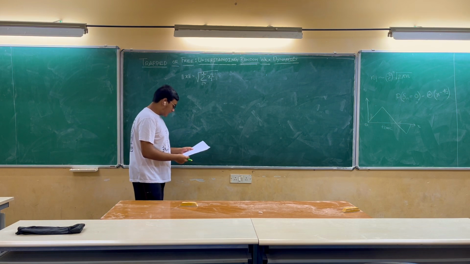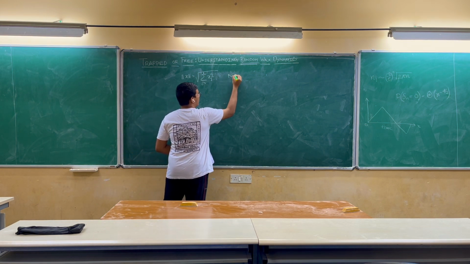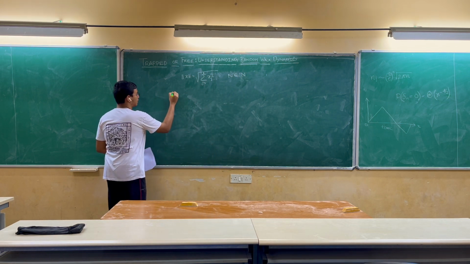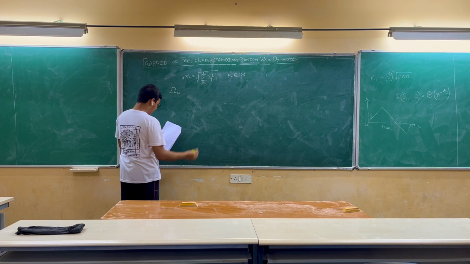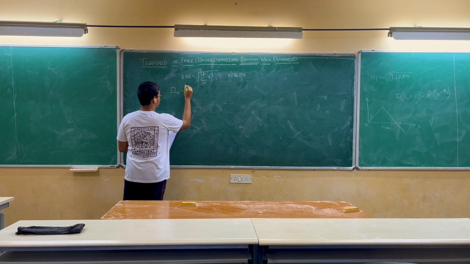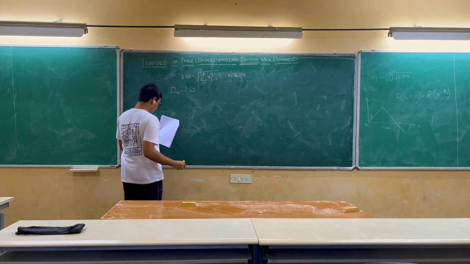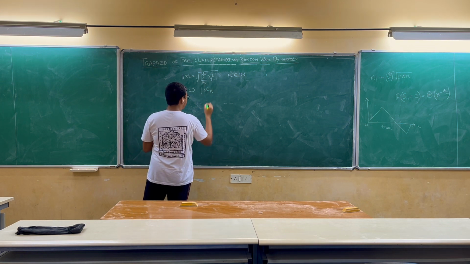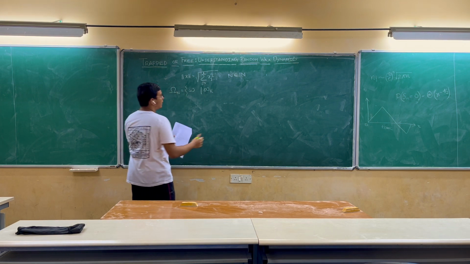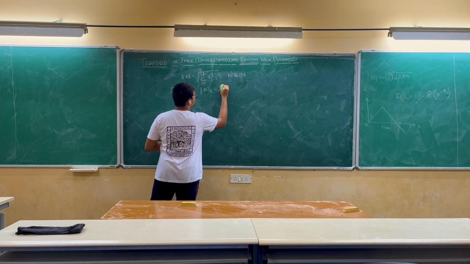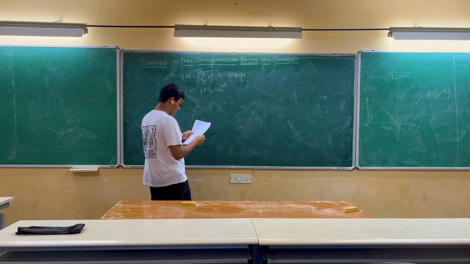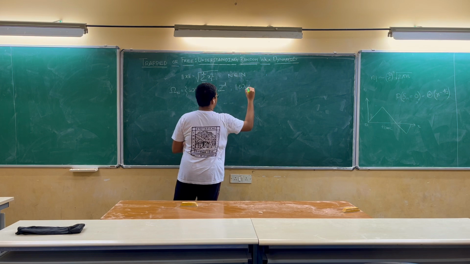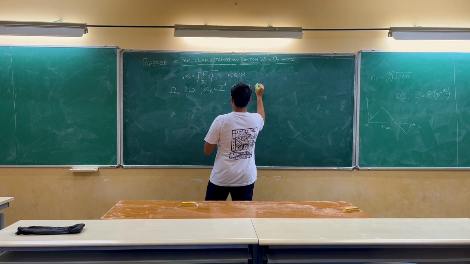And for any given n from the set of natural numbers, we write omega sub n is equal to all those omega such that omega sub k, I mean the kth component of omega, is actually a member of the d-dimensional grid, and the L2 norm of omega is actually equal to 1.